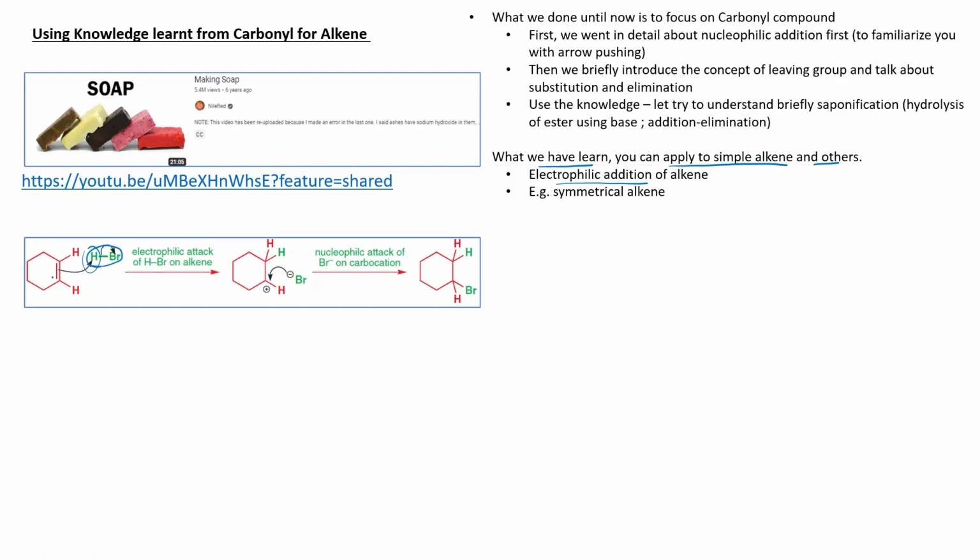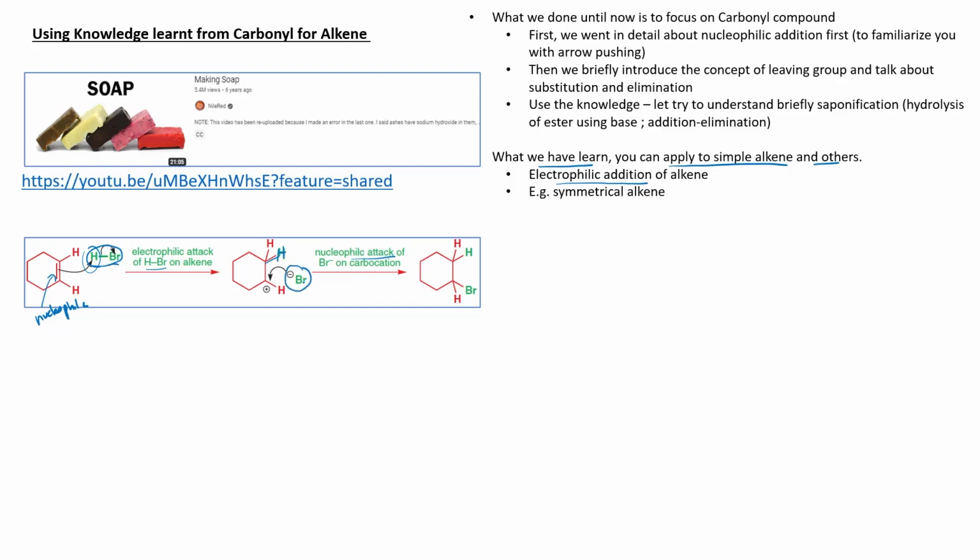The double bond is rich in electron, so it can act as a nucleophile. The nucleophile will attack HBr, nucleophile attack on HBr on alkene. When you attack here, you have this hydrogen there, but then the Br will be detached.